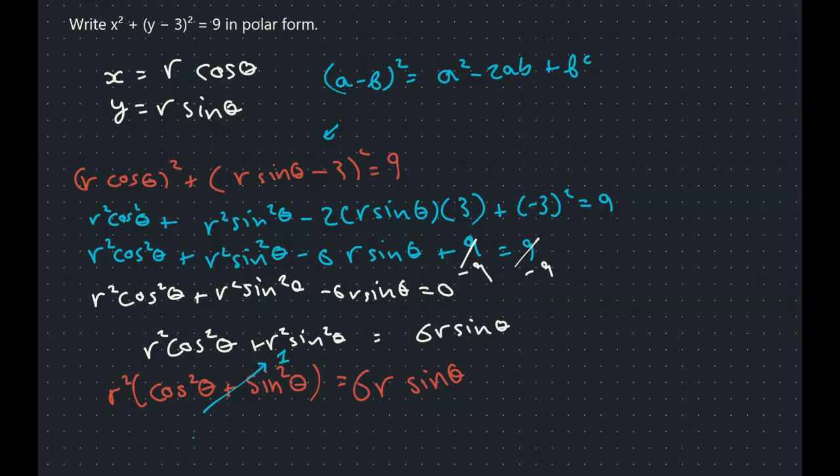Therefore, we can write the final expression. r squared is equal to 6r sine theta, and we can divide by one of the r's. So I will divide here by r, and then here by r. Therefore, I will have r is equal to 6 sine theta. And this is our final answer.